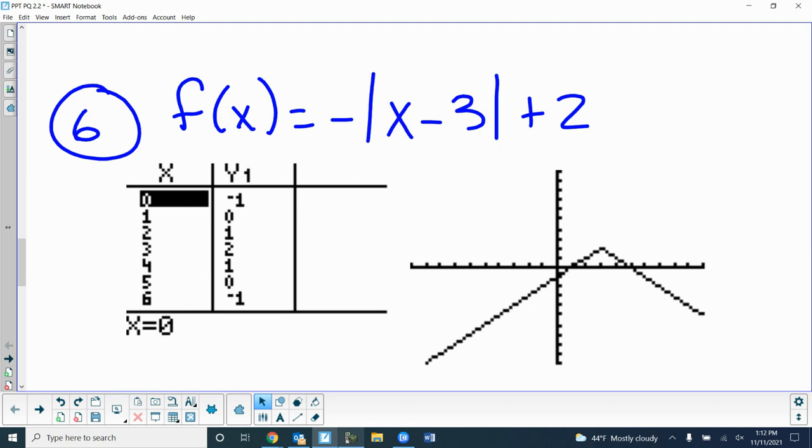So here's 0, negative 1, right? And then there's 1, 0, and 2, 1, and 3, 2, and 4, 1, and 5, 0, right? There's some of the points. Which point am I most interested in? The 3, 2, the very top, the vertex. Right, Evelyn?